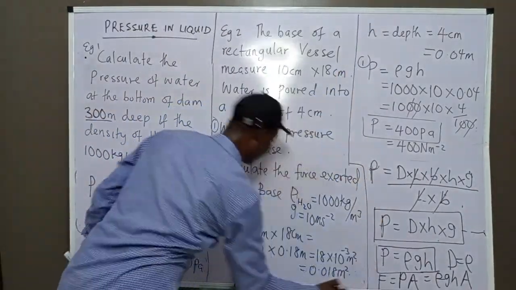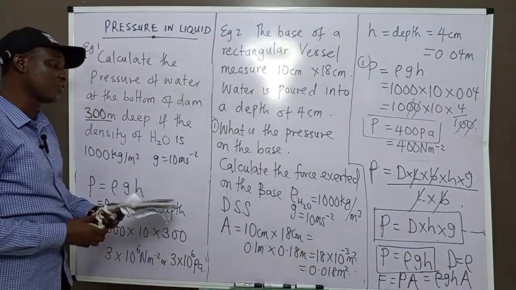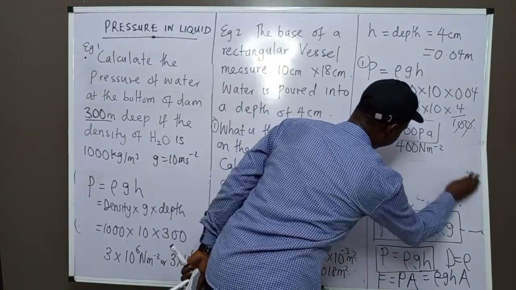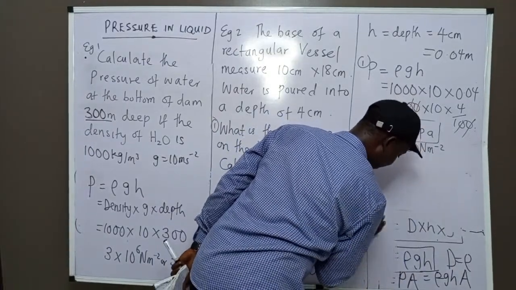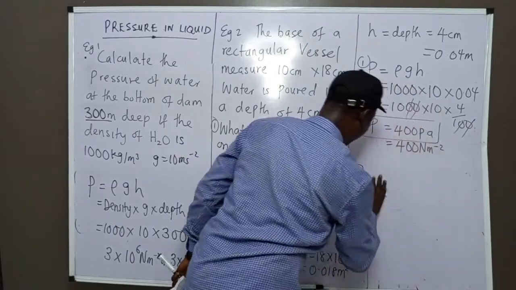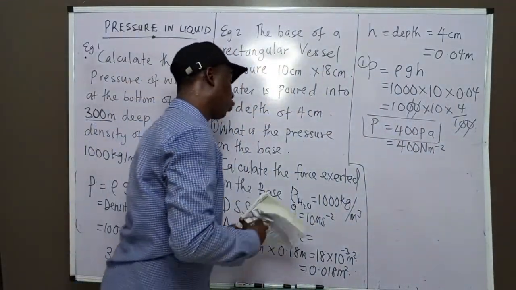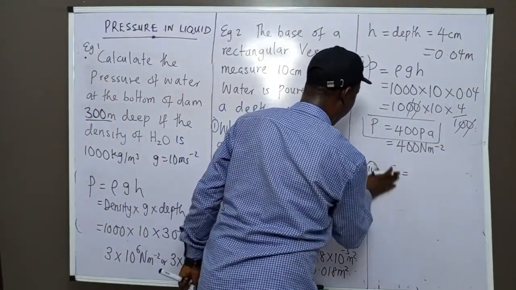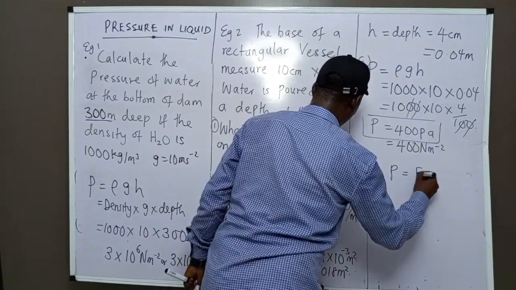That's Roman figure 1. Now the number 2 says find the force exerted on the base of the vessel. The force exerted on the base of the vessel is equal to, don't forget, pressure equal to force over area.